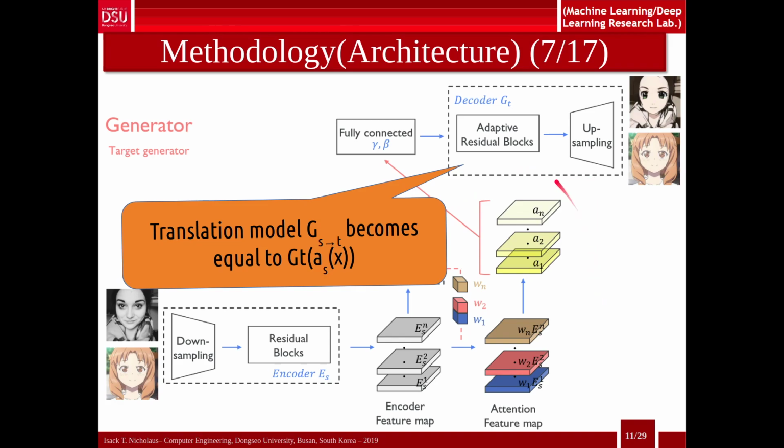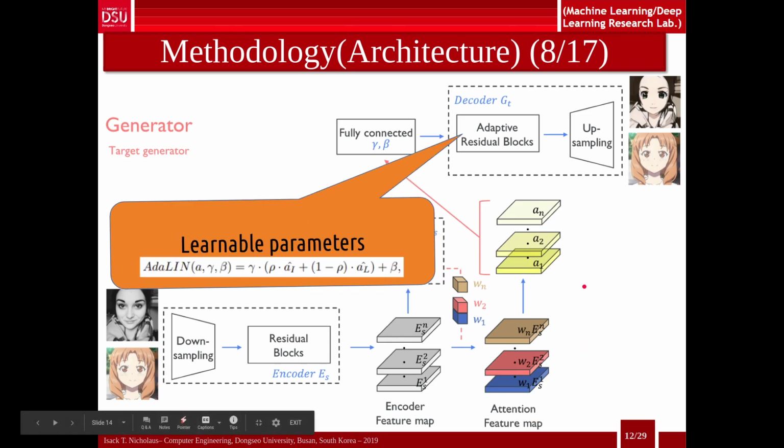So let's see how the adaptive residual block makes use of the learned parameters gamma and beta, as well as the attention feature map. The learnable parameters, our gamma and beta, which are learned by a fully connected layer, will be fed to a function AdaLIN. Then AdaLIN will decide how to generate this output.